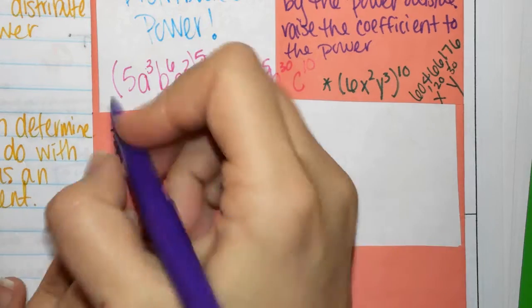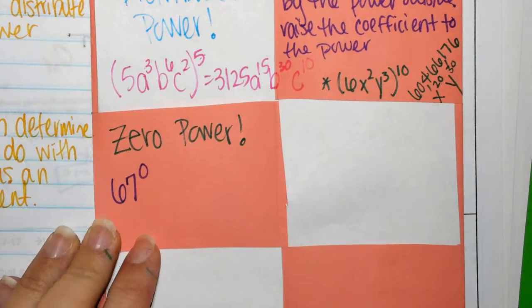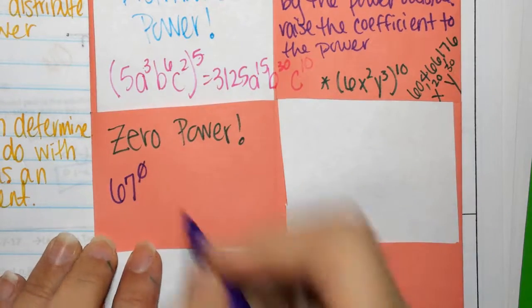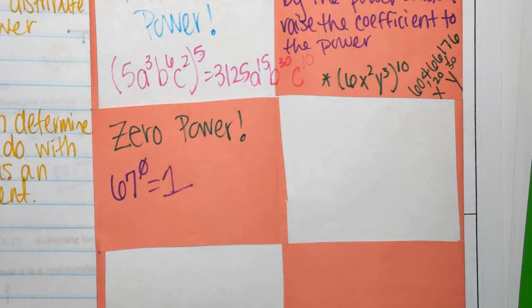Alright, ready? So if I have 67 to the 0 power, it's 1. Every time it's 1.